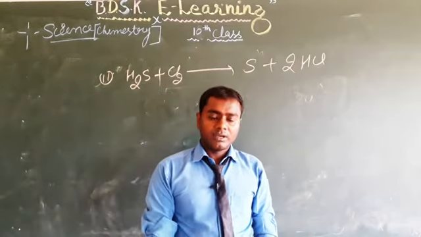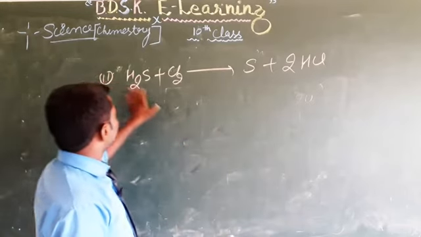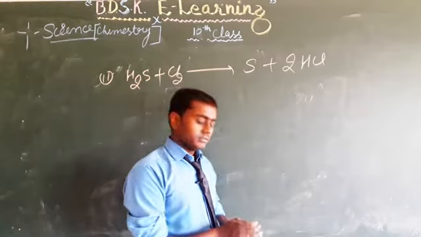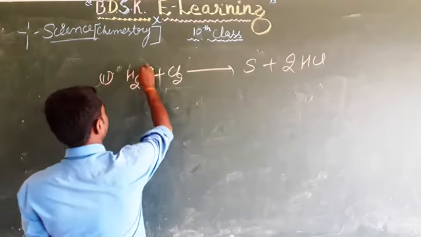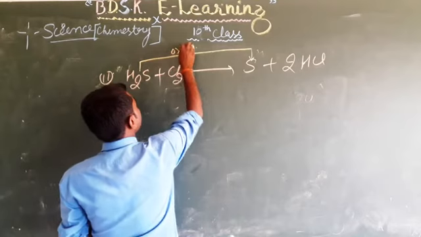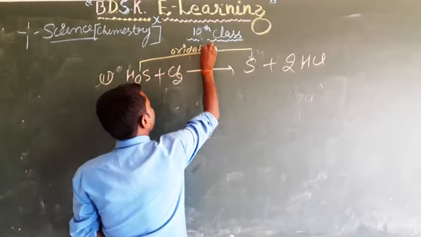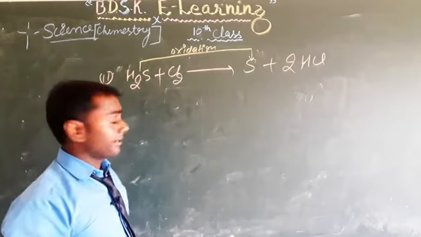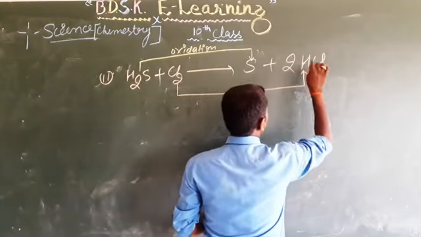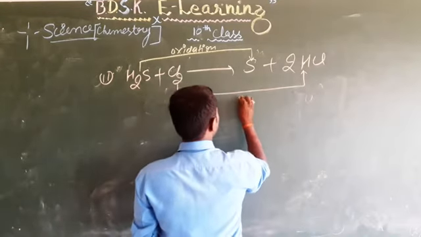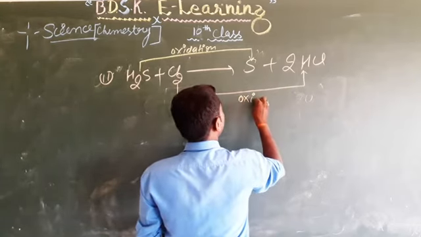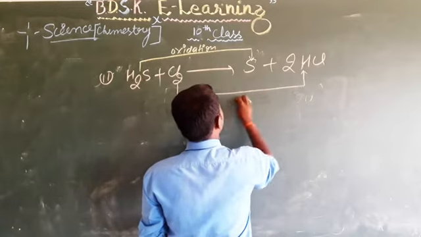According to the definition, the removal of hydrogen is called oxidation. And on the other hand, the addition of hydrogen is called reduction.